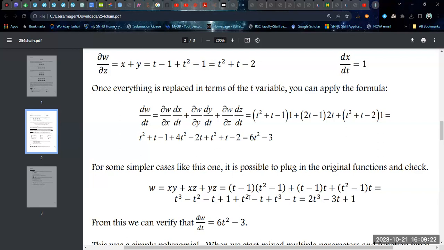Now, I want to caution you that if someone's asking you to find the derivative and the function is in terms of x and y that are themselves in terms of another variable, they're actually asking you to show that you know how to use the chain rule. They are not asking you to plug in all of your substitutions and then turn it all into one variable and then find those derivatives directly. But it is useful as a check at the end.